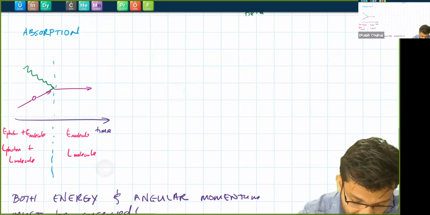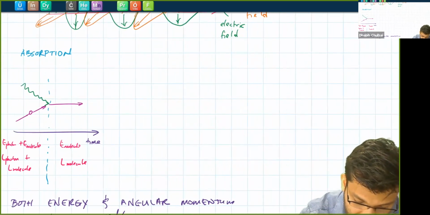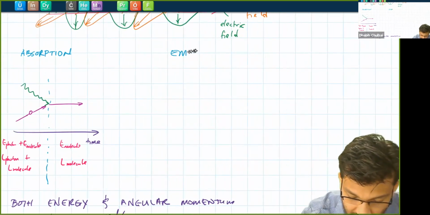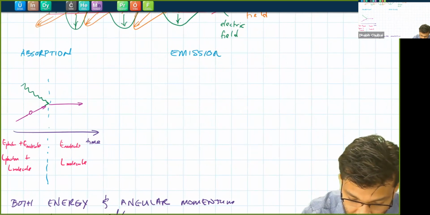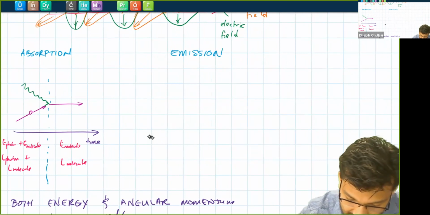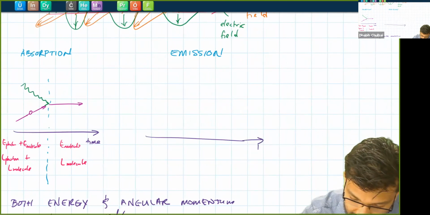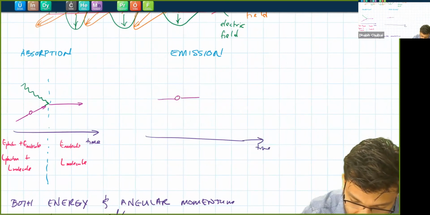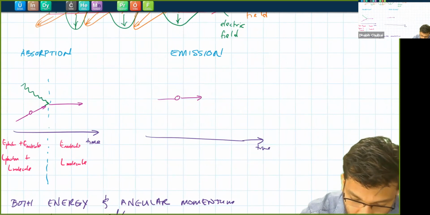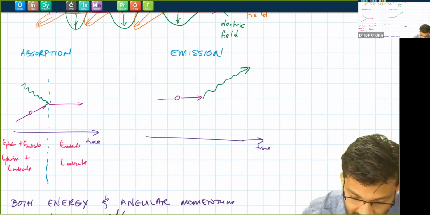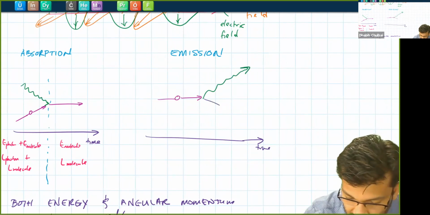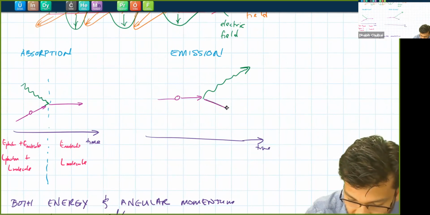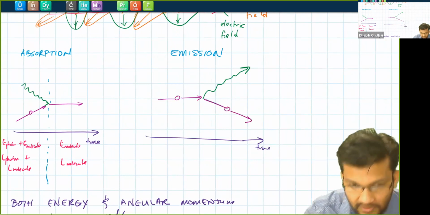On the other hand, if you have the opposite situation where you're trying to emit a photon, so in emission, let's say this is our time axis, right? And you have a molecule just minding its own business, going about its business, and all of a sudden, poof, a photon comes off of it. And then the molecule does something else.